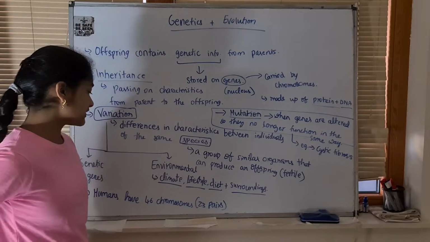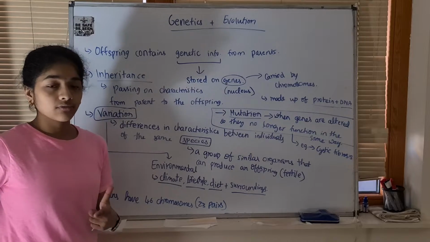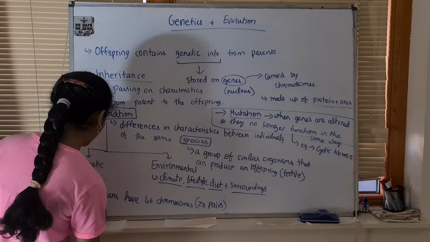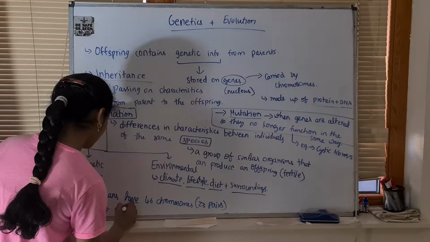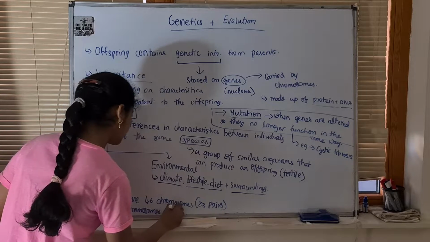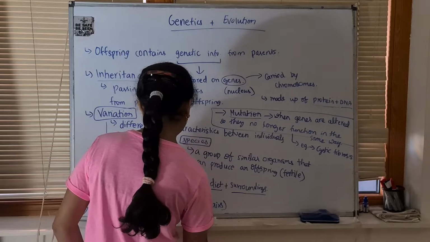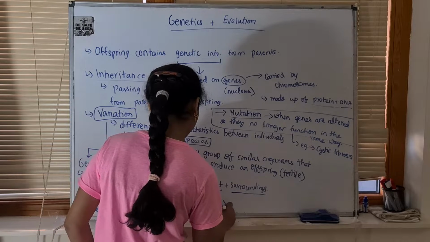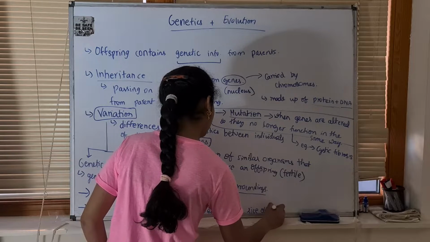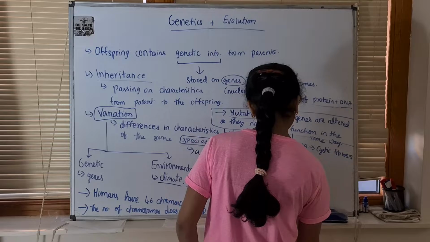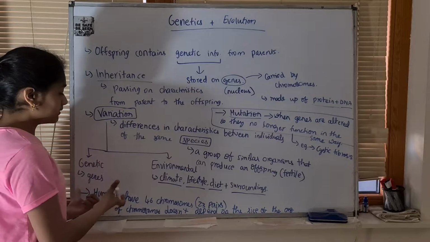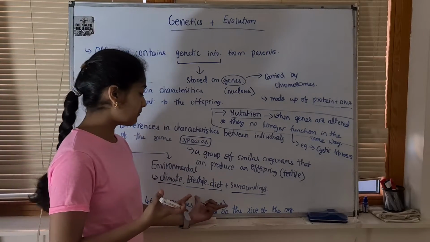Now, one important thing to understand here is that the number of chromosomes doesn't depend on the size of the organism. Humans are really complex organisms, but they have only 46 chromosomes, 23 pairs.